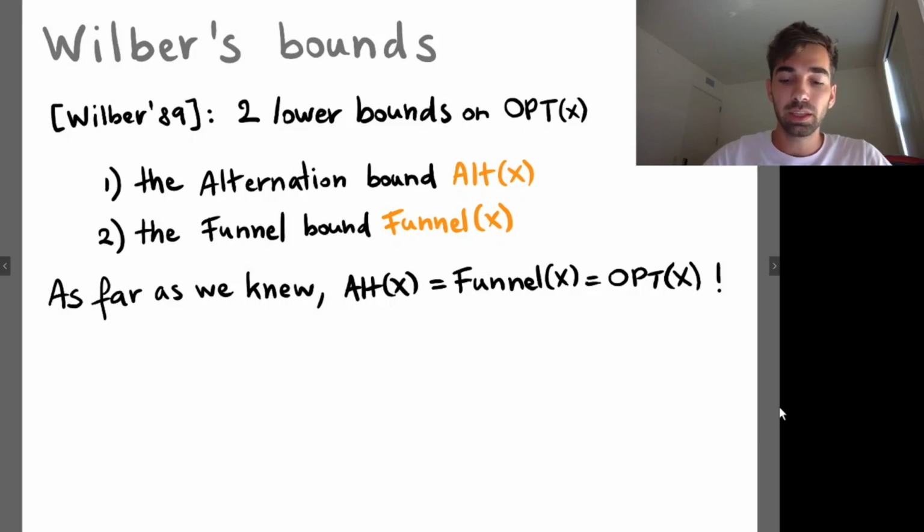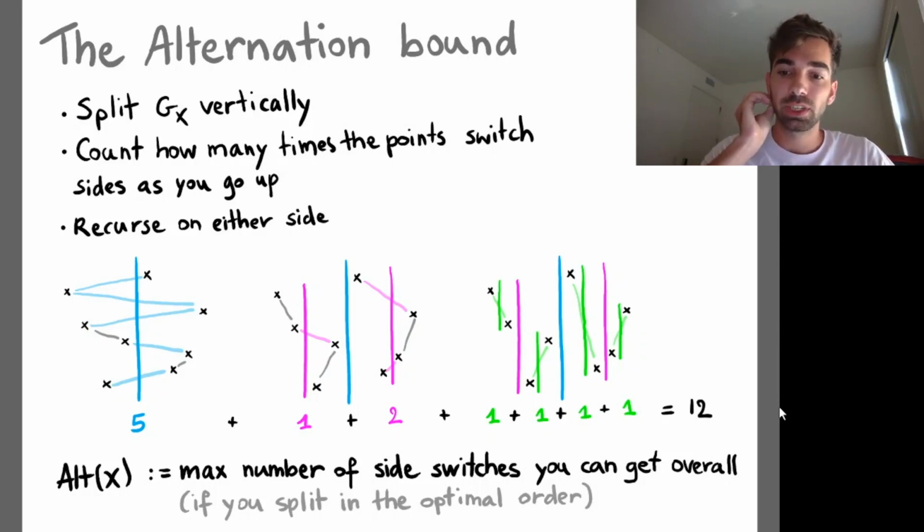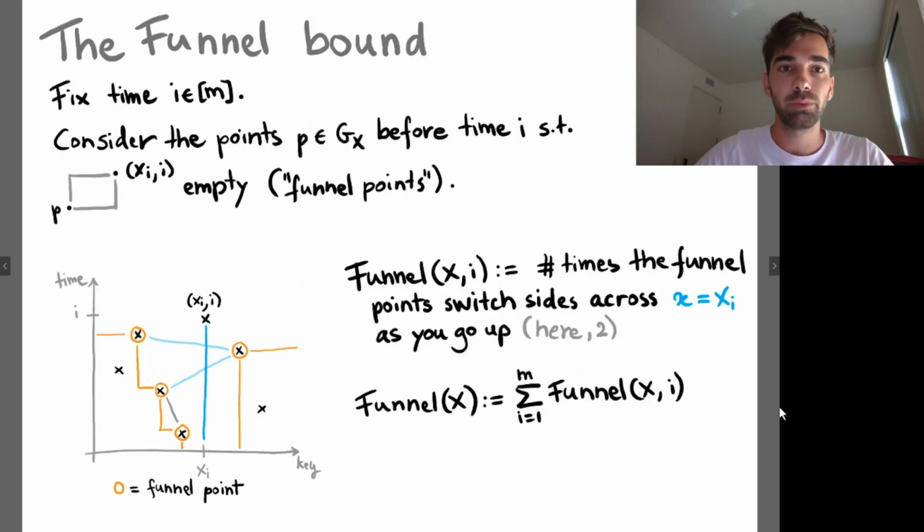And if that were the case, then that would give another expression for OPT, one that might be more convenient to work with. So I'm not going to go over the definition of the alternation bound for the sake of time. I'm going to switch directly to the funnel bound, which we've studied more intensively.